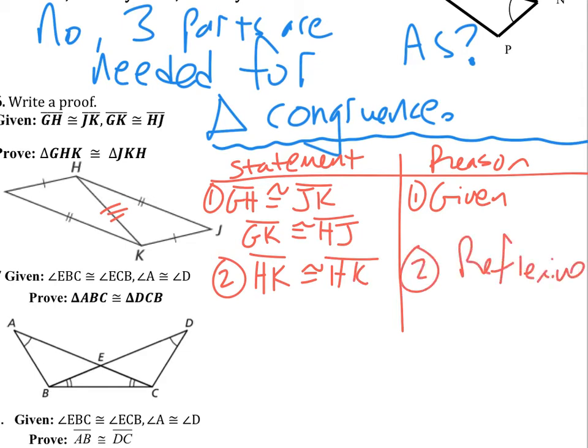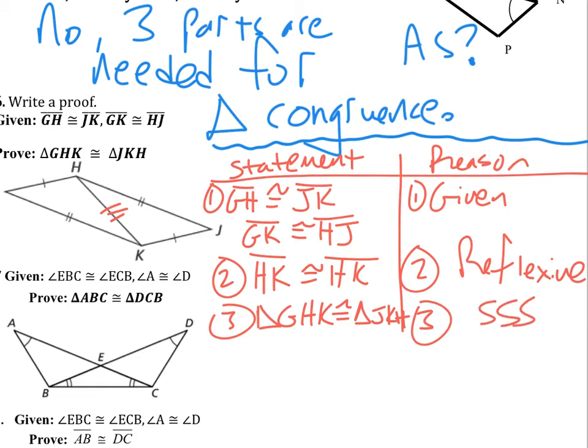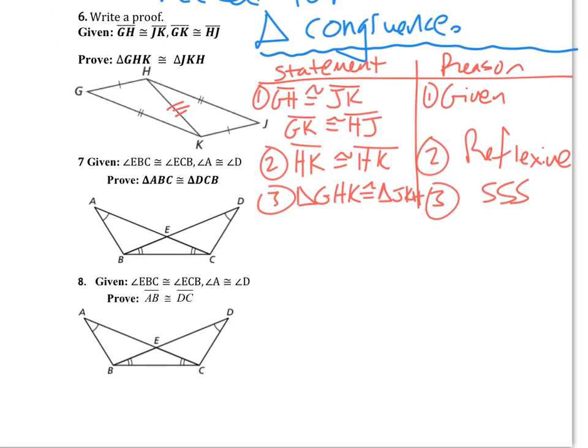And then that's enough. Look at what's marked there, and we can see that all the sides are congruent in both triangles. And so that is side, side, side. The side, side, side theorem says if 3 sides of one triangle are congruent to 3 sides of another, then the triangles must be congruent.